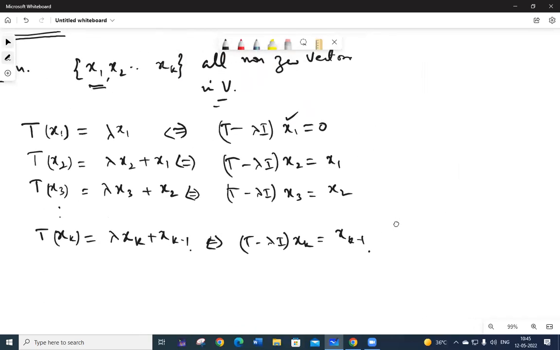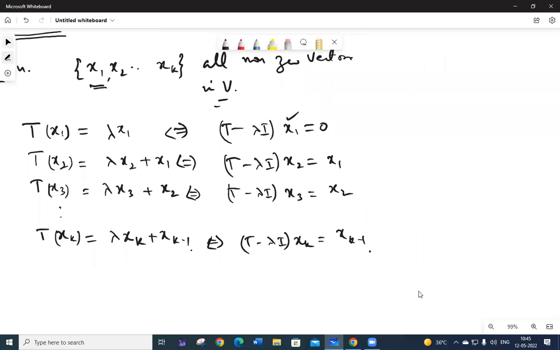Further, if I apply T minus lambda I squared to x2, it is 0, and T minus lambda I cubed to x3 is 0. Whatever the index, if the power is the same as the index, then it is 0.